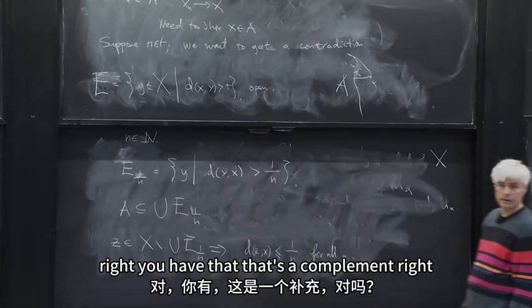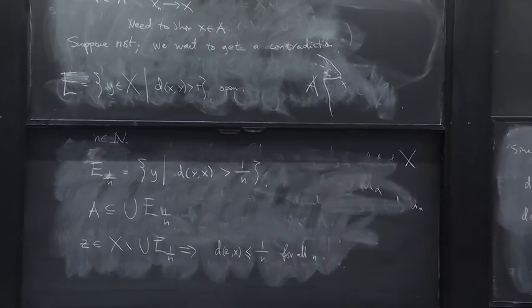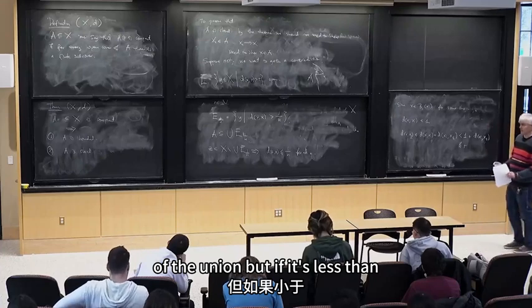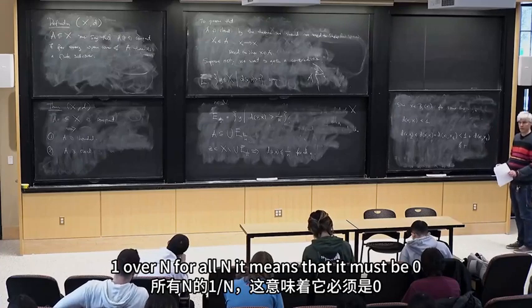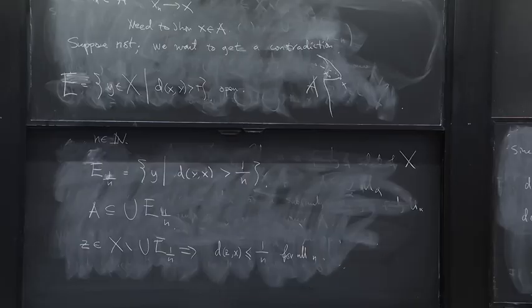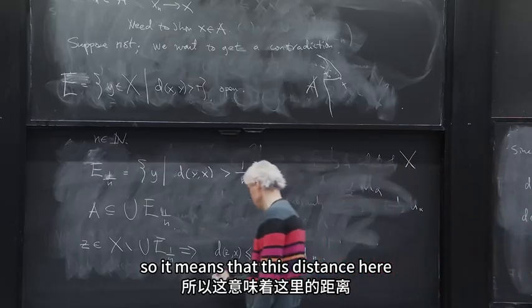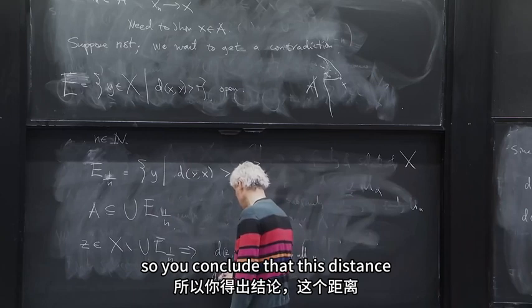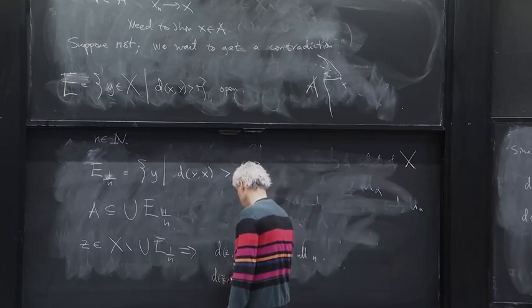That's the complement of the union, right? But if it's less than 1 over n for all n, it must be 0. So you conclude that this distance is 0.